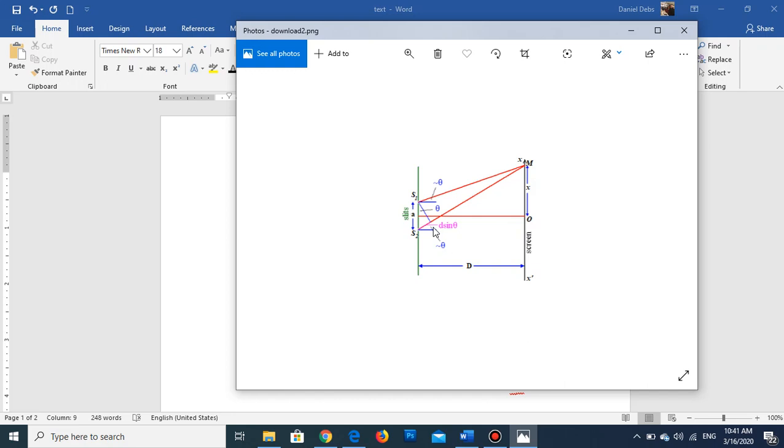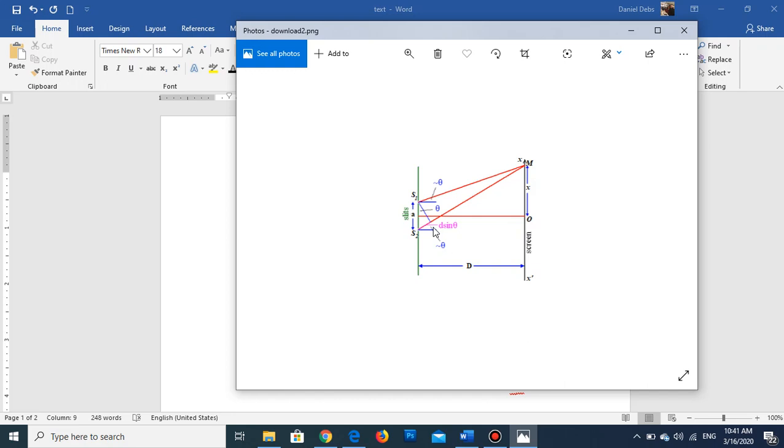In Young's experiment, since S is placed on this line, SS2 is equal to SS1, only in Young's experiment. So what happens to this term? It vanishes. So finally, by definition, I get delta M to be S2M minus S1M.